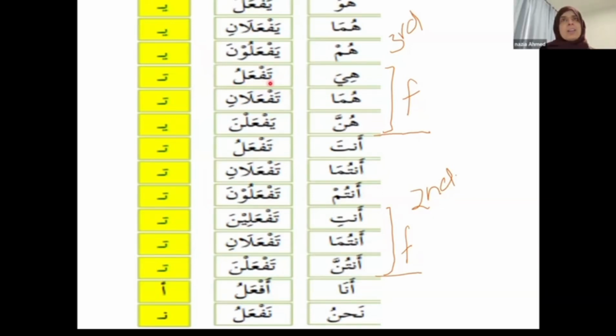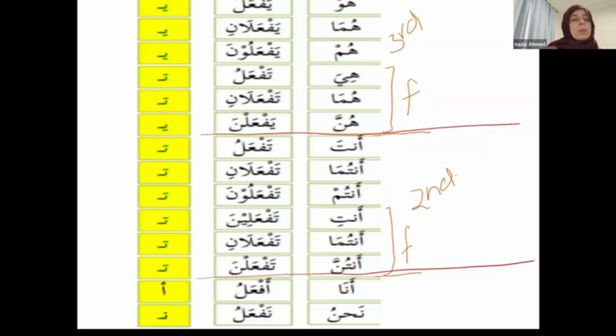It shouldn't be ta here, isn't it? Because it's a third person. For third person, we don't use ta. Ta usually comes for the second person. But we have got ta for the third person feminine. Why?